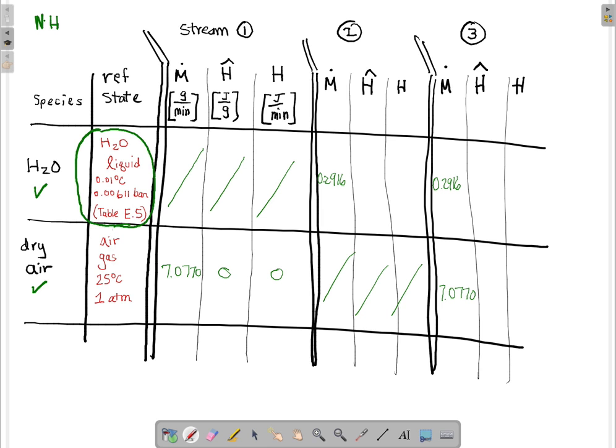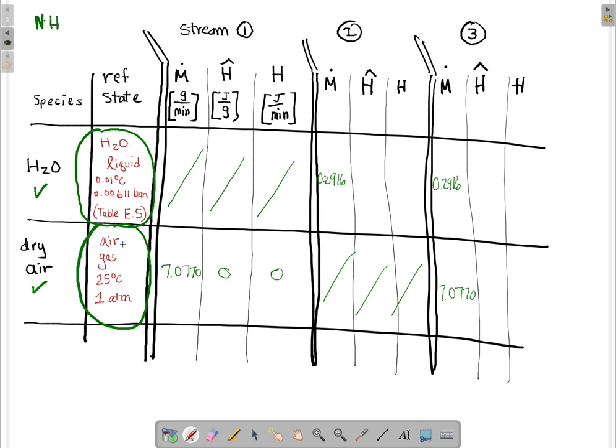And for air, I decided I'm going to assume that the heat capacity of air is constant. I'm just going to pick a reference state for air that makes life easier for me. I'm going to pick air as a gas at 25 degrees C, 1 atmosphere. So to fully establish a reference state, you want to say the compound, the state of the compound, is it liquid, gas, or solid? What's its temperature and what's its pressure?